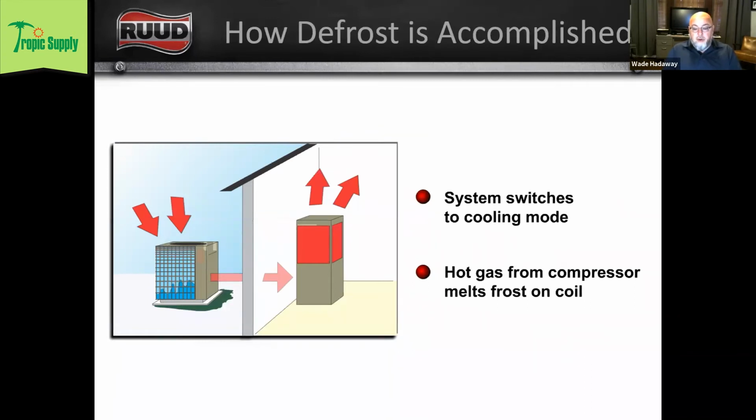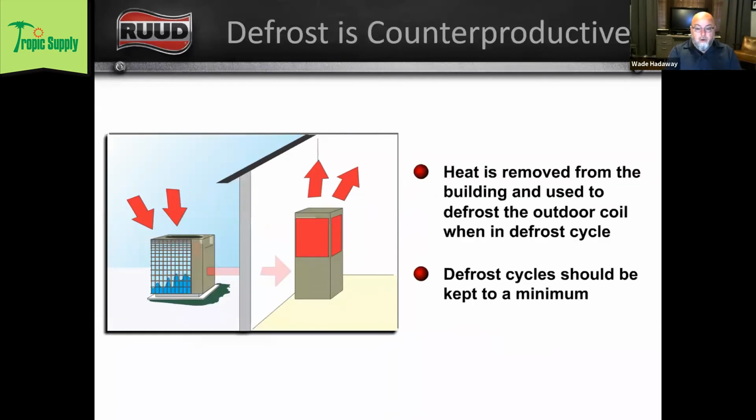Hot gas from the compressor moves back outside like it would in cooling, and that hot gas melts the frost on the outdoor coil. So it's necessary for us to go into defrost, but anytime that we go into defrost, it's counterproductive.